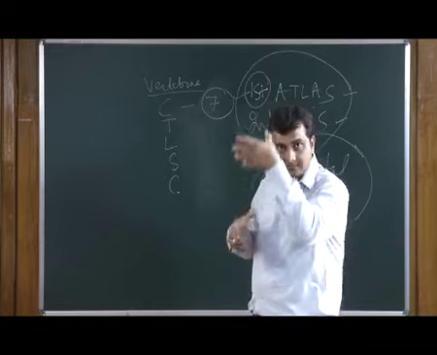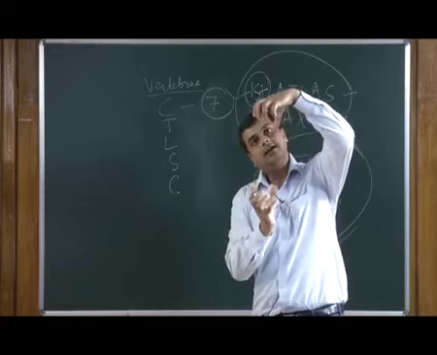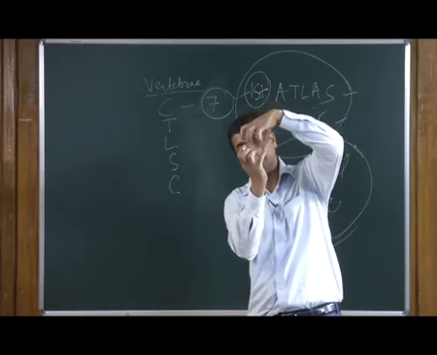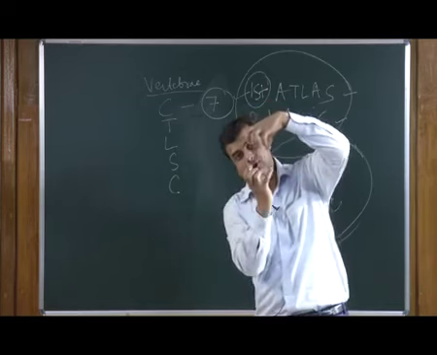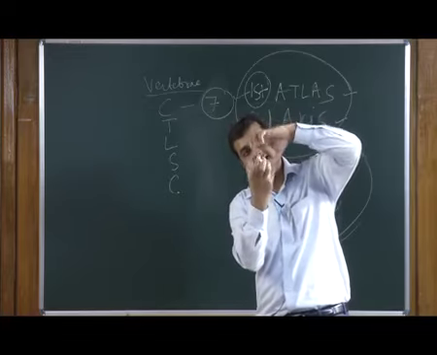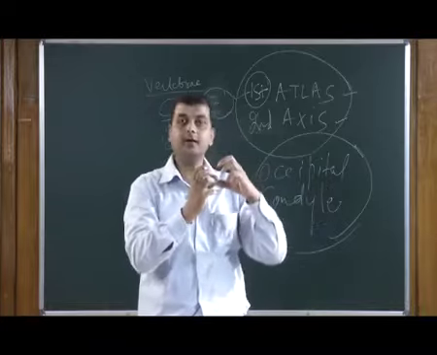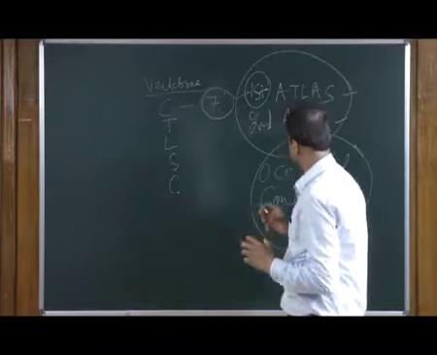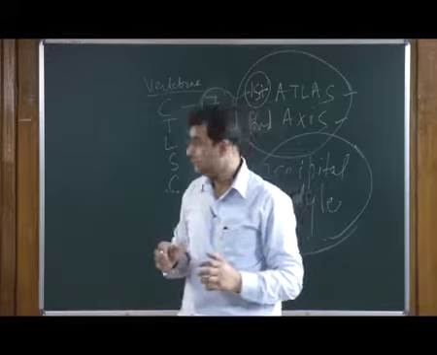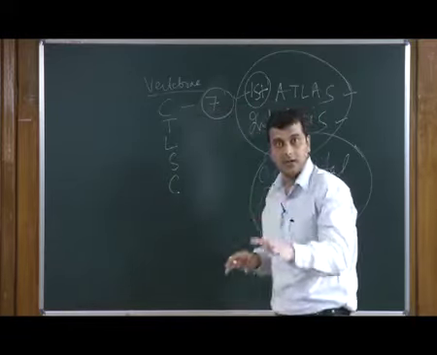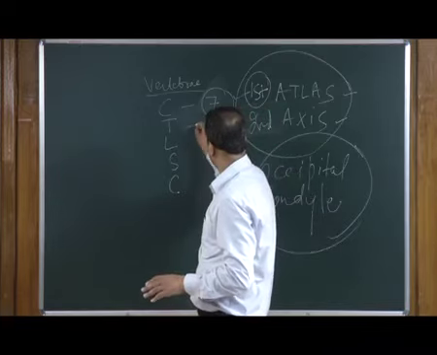So this is the attachment point. At the top you have the occipital condyles, and at the bottom you have the first vertebra, the atlas, and just below the atlas you have the axis, and this gives movement to our neck region, particularly the head region.